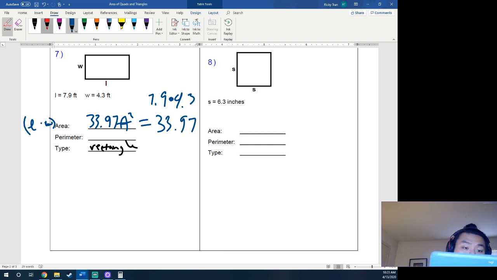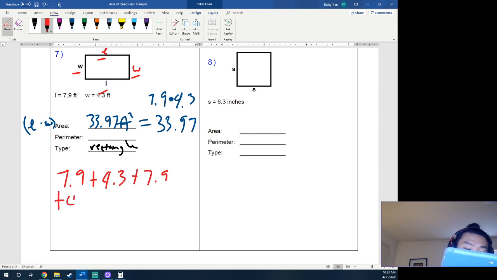Okay, perimeter, you add all the sides. This is W as well, this is an L. So it's going to be 7.9 plus 4.3 plus 7.9 plus 4.3.